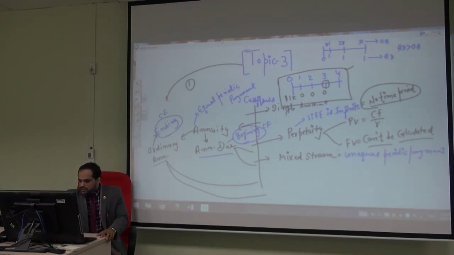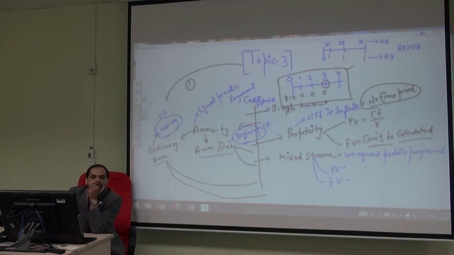We are going to estimate two values here, as usual, the present value and the future value. The formula for a mixed stream is the same as for a single amount, but the periods will be different. Let's say we are investing for 3 years.